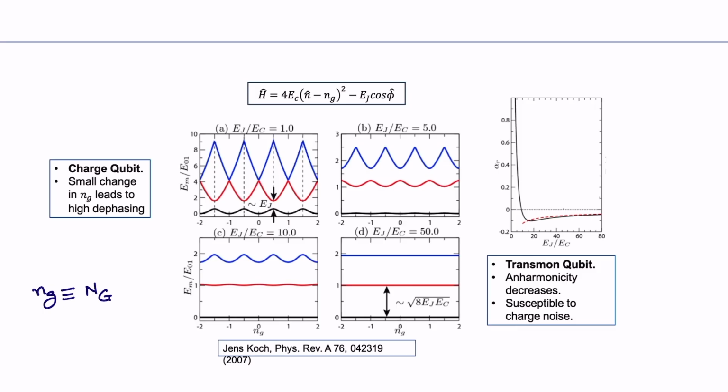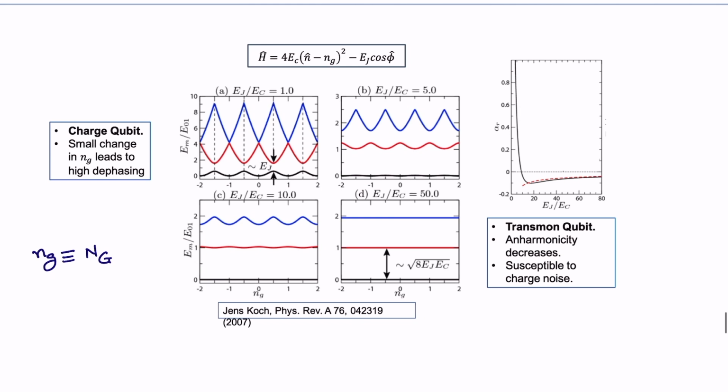You see, when EJ by EC is on the order of around 1, that is the domain of the charge qubit, and as you can see from this plot, though there is a separation between the ground state and the excited state, if you look at this portion, the energy levels are separated, but the energies are oscillating, and that is what is called decoherence.